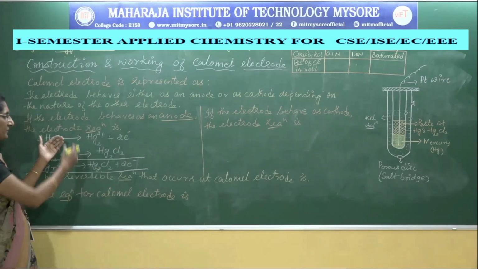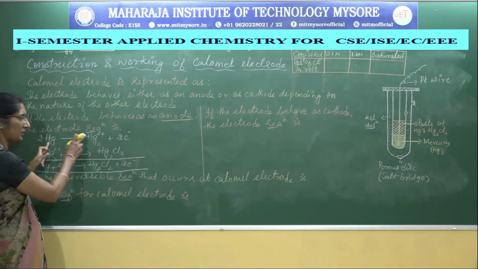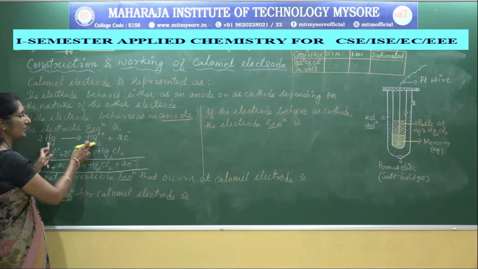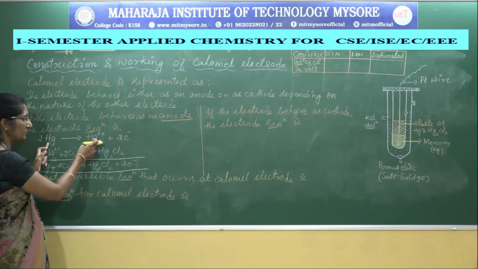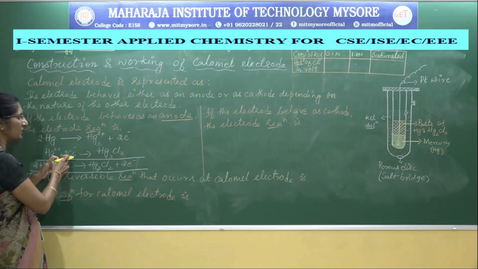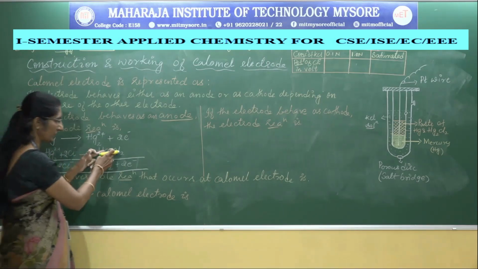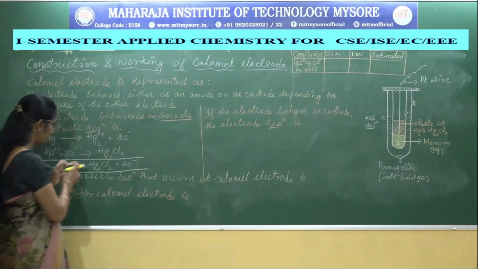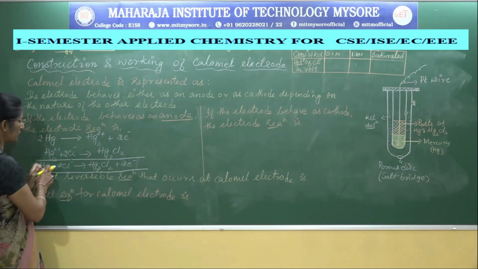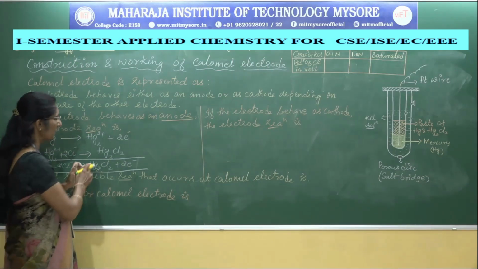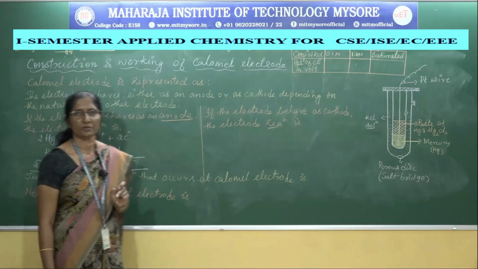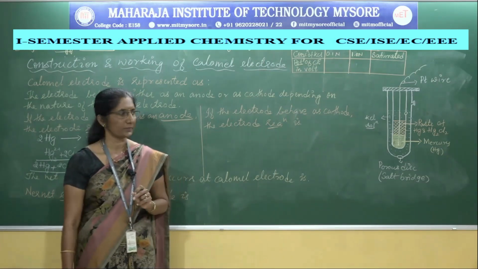What is the first reaction? Mercury easily loses 2 electrons, then it becomes mercurous ion. This mercurous ion further reacts with 2 moles of chloride ions, and we get mercurous chloride. So the net reaction is 2Hg plus 2Cl minus gives mercurous chloride with the liberation of 2 electrons.